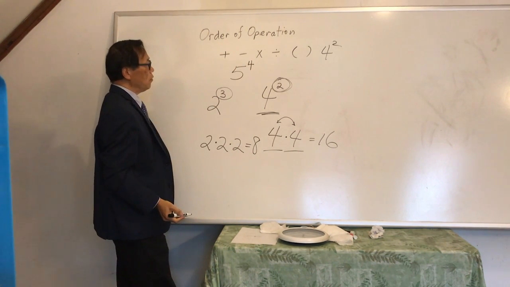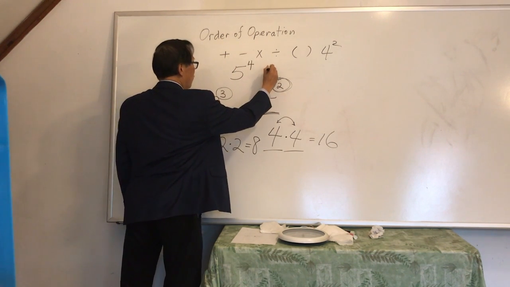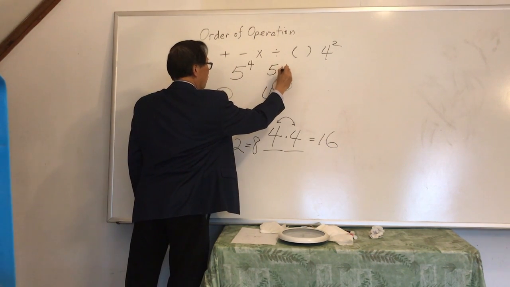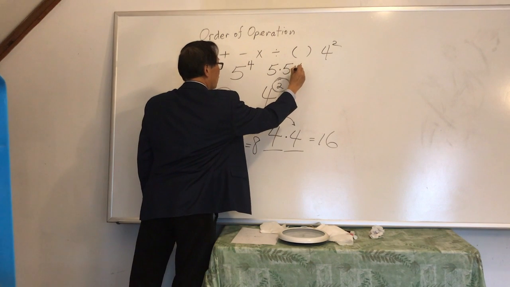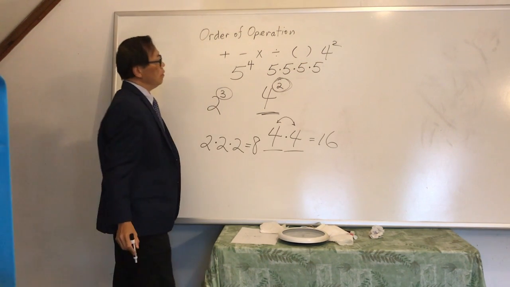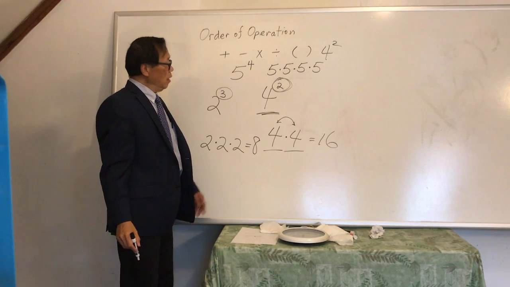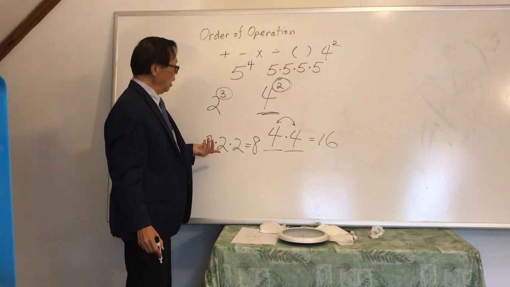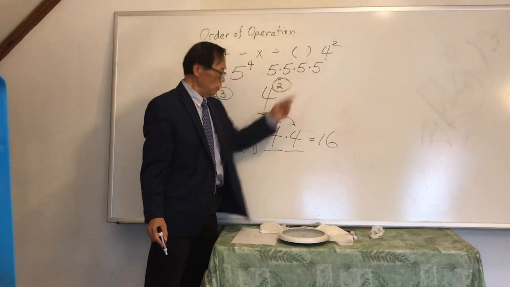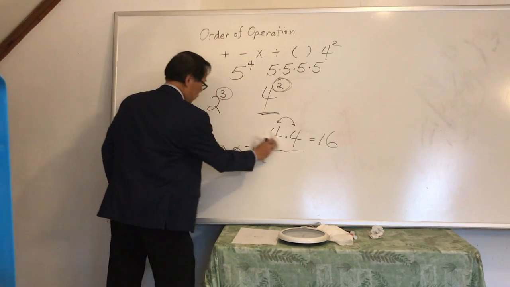For example, 5 to the 4th power. Of course, that means what? It means 5 times 5 times 5 times 5. And that'll give you 625. Okay, so that is the explanation for exponent.